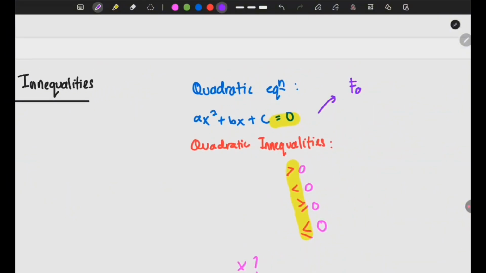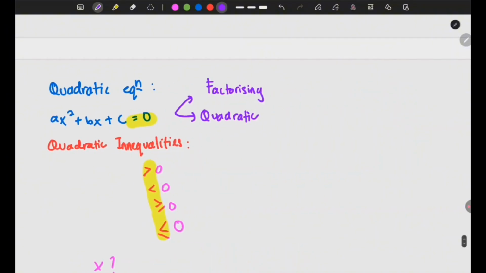Like in equation, we have factorizing method, or easiest way to say is calculator. The calculator will do the work for you. That's what you learned in my previous video, right? And we also talk about quadratic formula, which will be provided in your SPM formula sheet. So you don't have to memorize, but if you memorize, it's good for you.